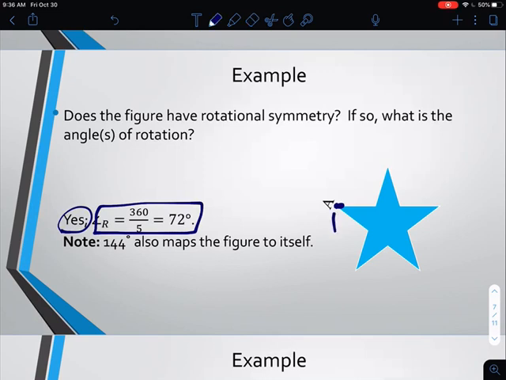So if I said I want to move A 2 spots, so all the way over to here, then the first rotation would be 72 degrees, my second rotation would be 72 degrees, and if I add those together, that would be a 144 degree rotation. So 144 degrees gives me the same star, it just moves A twice instead of once. So you might do multiple moves at a time with this rotational symmetry.